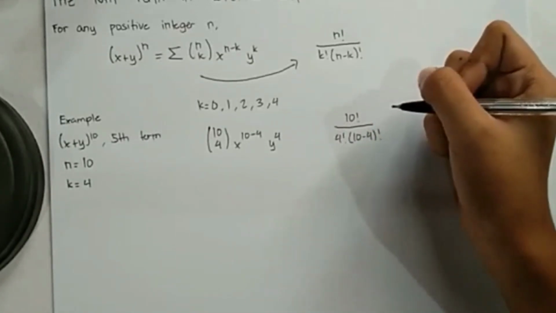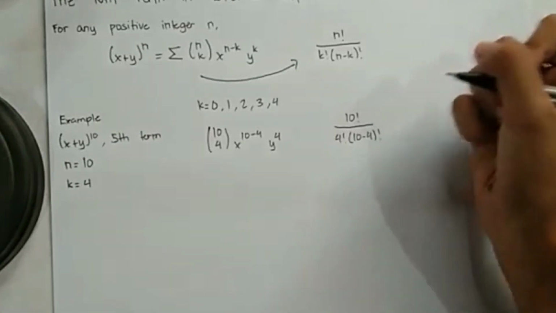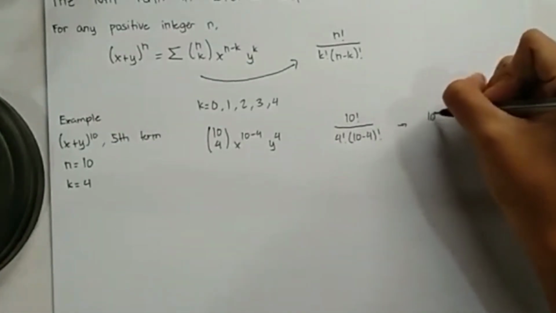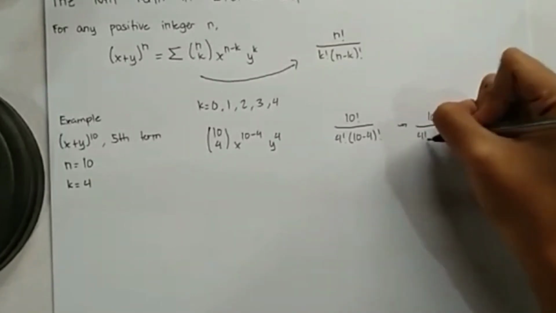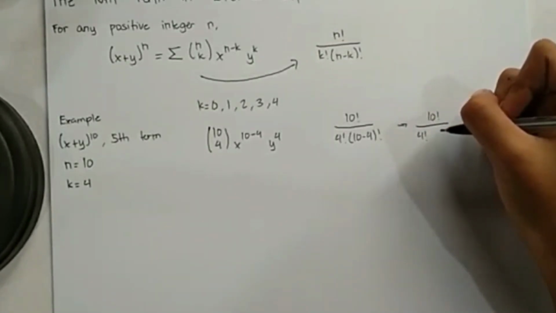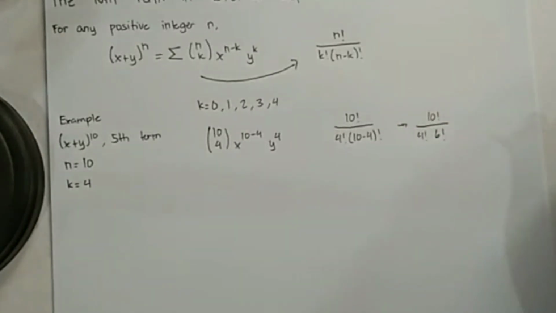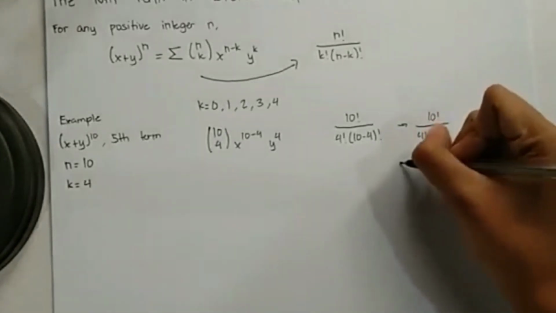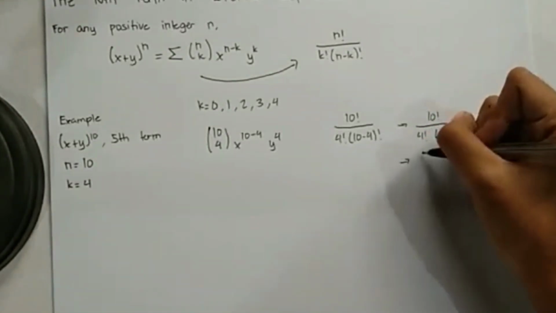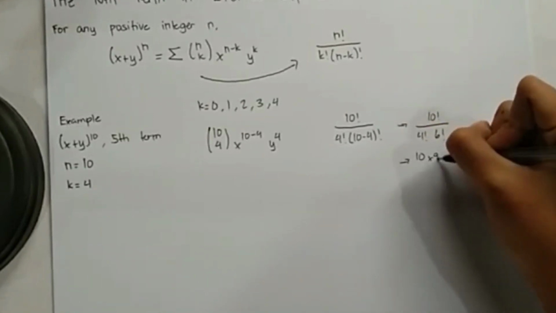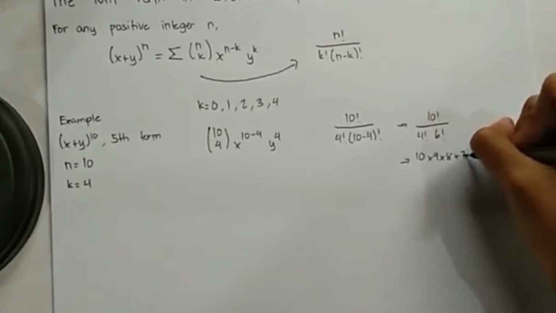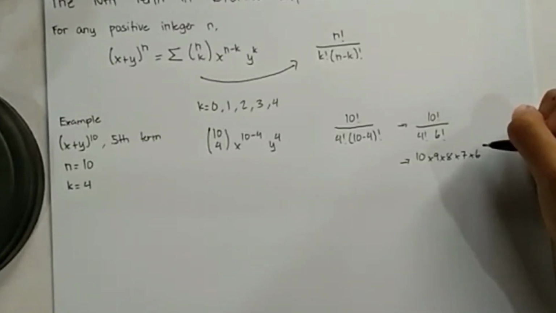Okay, we will just simplify it now. 10 factorial divided by 4 factorial. 10 minus 4 factorial, that is 6 factorial. If you have a scientific calculator, you can get the answer easily, but if you don't, we can simplify this expression until we get the final answer. 10 factorial is the same with 10 times 9 times 8 times 7 times 6 until we multiply it by 1.